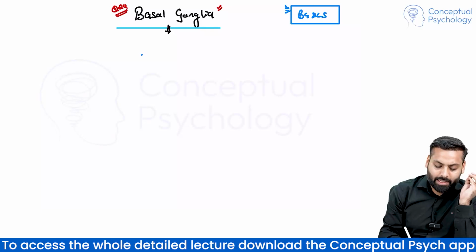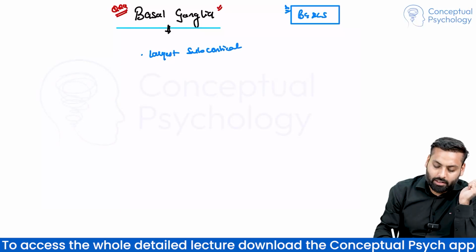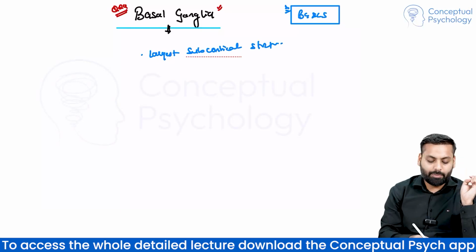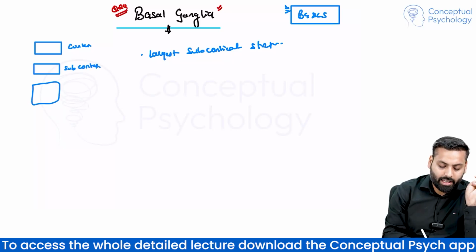You should remember that basal ganglia is the largest subcortical structure. Subcortical means, see, the brain is organized in such a way that on the top there is cortex, then comes the subcortex, and then comes the brainstem.